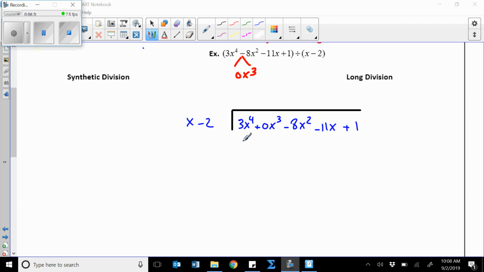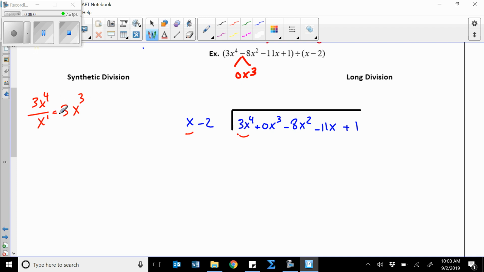I will start. The first step is to take the first term of this polynomial and divide it by the first term of the divisor. So what is 3x to the 4 divided by x? We know that this can be 3 times x to the power of 3, because the exponents of x will be subtracted, so 4 minus 1 is 3.